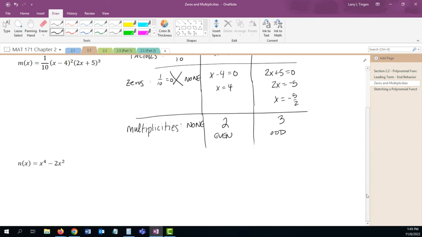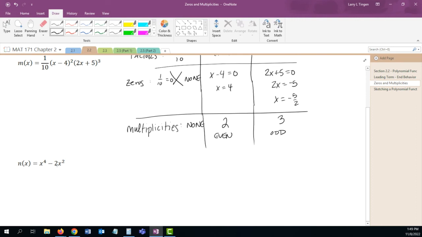n of x is equal to x to the 4th minus 2x squared. Now, in that form, I can't see any zeros because my polynomial is not a bunch of factors multiplied together. It's just x to the 4th minus 2x squared. There's not a bunch of stuff multiplied. So it would help to write this as 2 or 3 things multiplied together.